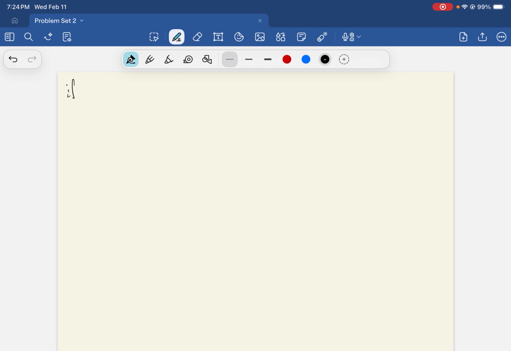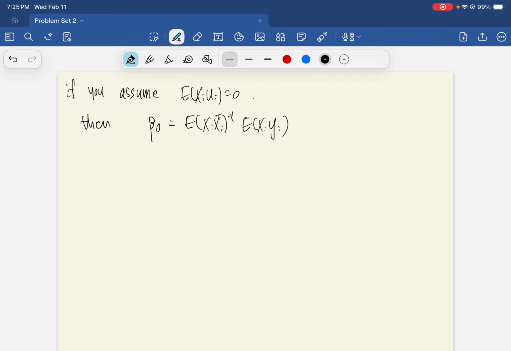If you assume exogeneity, then you get this: the expectation of x x transpose inverse times the expectation of x y. You would use this identification result, but the right hand side is the estimand, and this is your parameter.